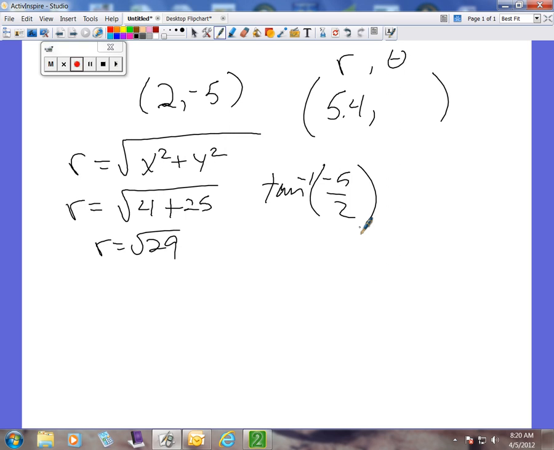To get 68 degrees when you put it in your calculator. Yes? But that's not our angle, that's our reference angle. What quadrant are we in? Yeah, right 2, down 5. Fourth quadrant. So our 68 is here, isn't it? So we want this angle.